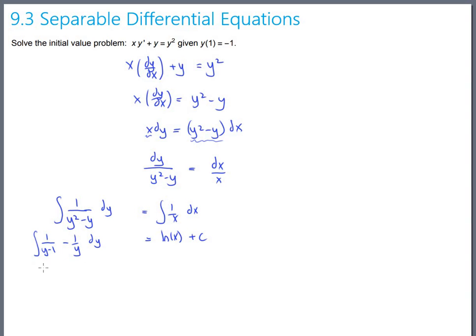And now we can integrate those two pieces pretty easily. This becomes natural log of y minus 1 minus natural log of y. And you know the properties of natural logs allow us to combine those into natural log of y minus 1 over y.